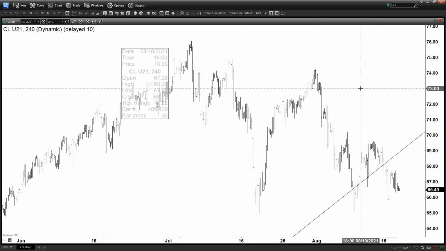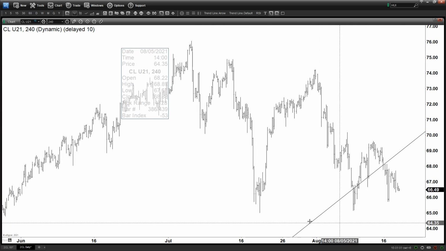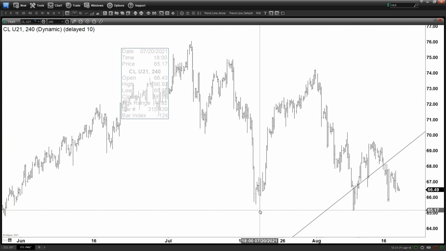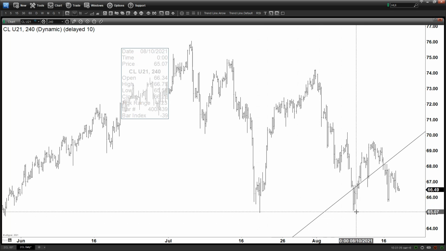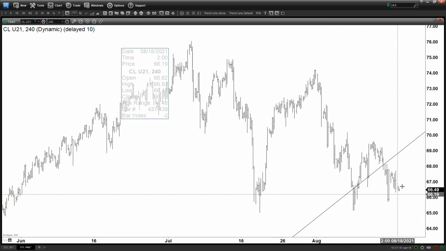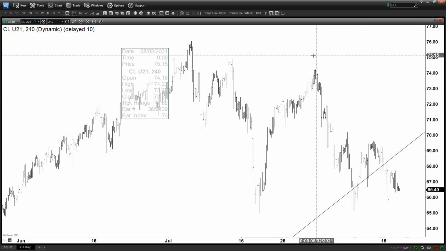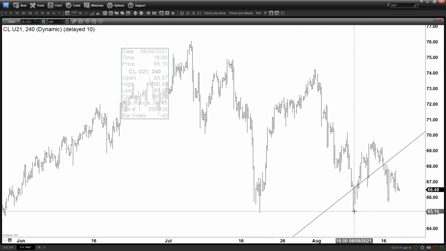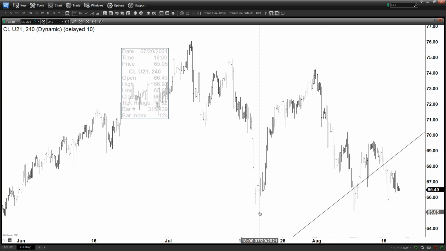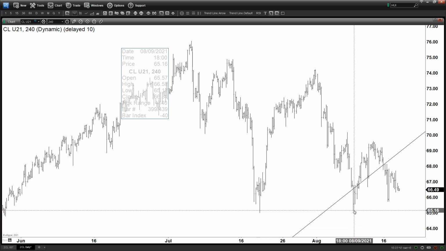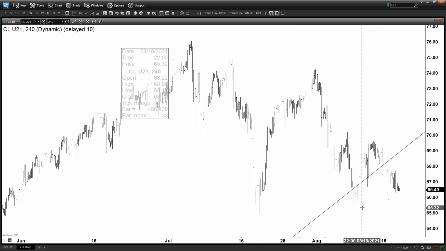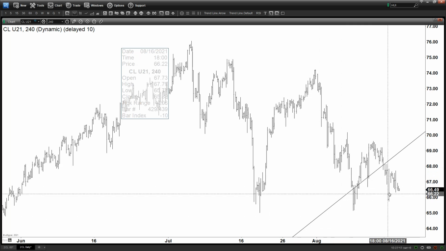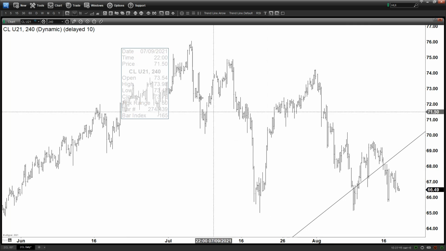So until we break below here, we could potentially be in a double bottom and then start to reverse on the upside, which is possible. But it is so close to breaking that it seems like it will eventually break below. What's the chance that we retest this 90% and then not break? Typically when you see something like that, it's going to break.